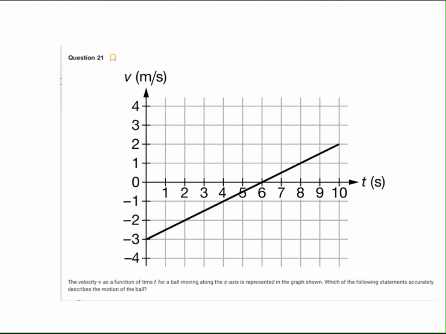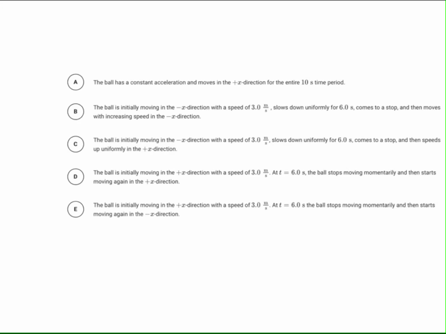Okay, this one. The velocity v as a function of time for a ball moving along the x-axis is represented in the graph. Which of the following statements accurately describes the motion of the ball? Well, here were our choices. It says the ball is initially moving in the negative x direction at 3 meters per second.